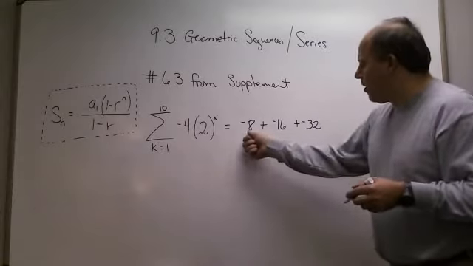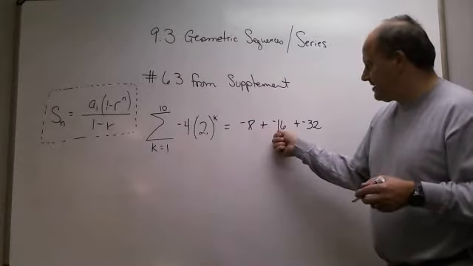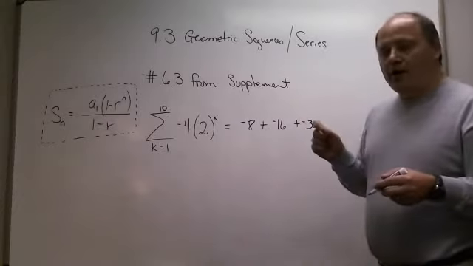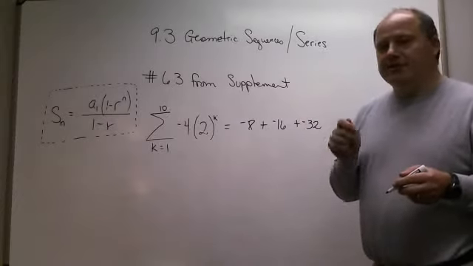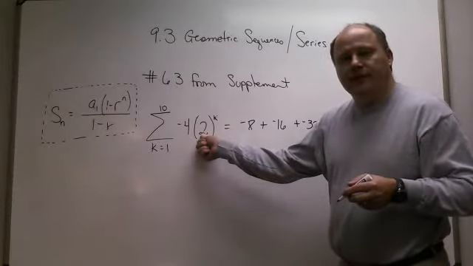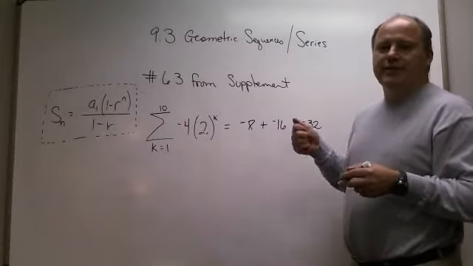In this case, r is 2, because negative 8 times 2 is negative 16, and negative 16 times 2 is negative 32. The r can be easily identified just by looking at the base. The base is 2, and that's what r is.